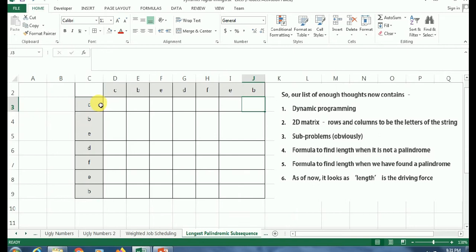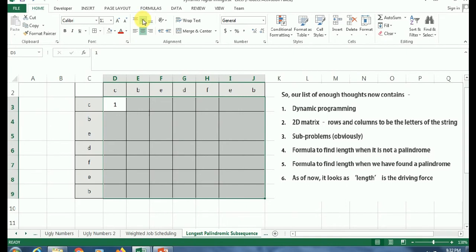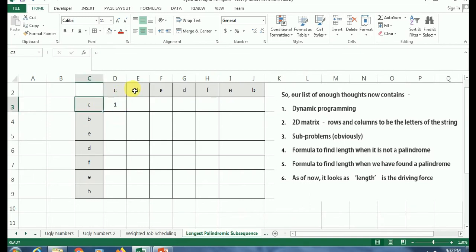So in order to fill the base state, the letter over here is going to be the same as the letter over here. So here C is equal to C. So I'm going to put 1 over here, which is going to be the length of the longest palindromic subsequence. Let me do some formatting for you so that it stays clearly visible. Now, for the second subproblem, which is B, I cannot put 1 over here because C is not equal to B, and that is not going to make sense.